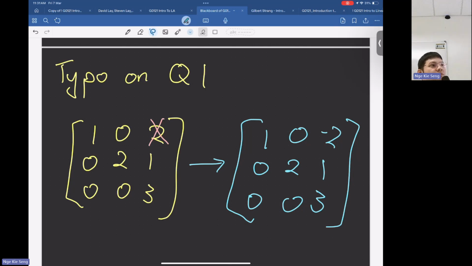So this time we will test Cramer's rule. Cramer's rule refers to the adjoint matrix.